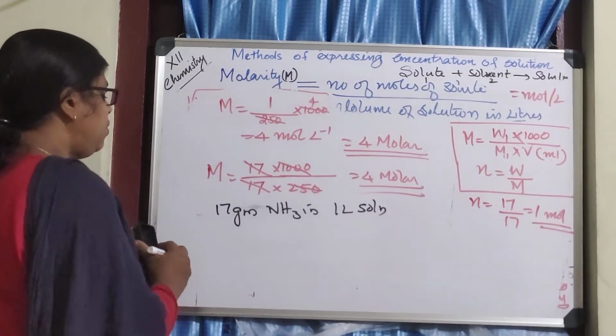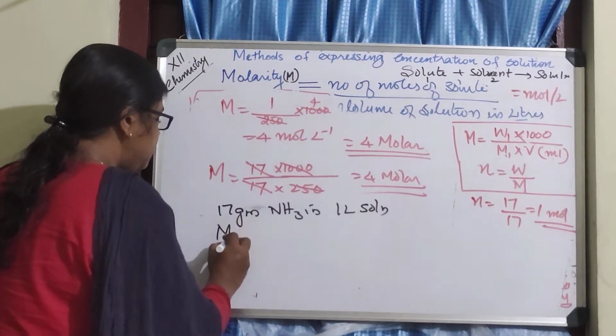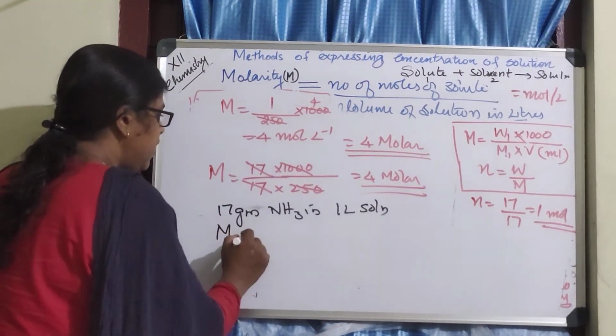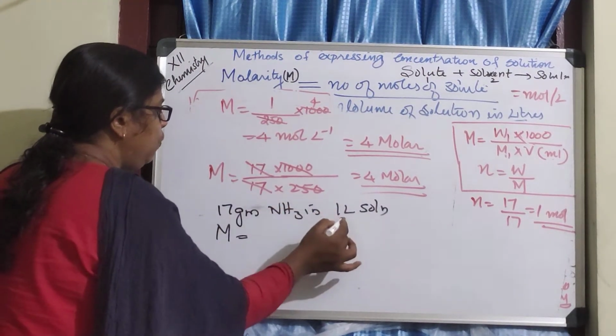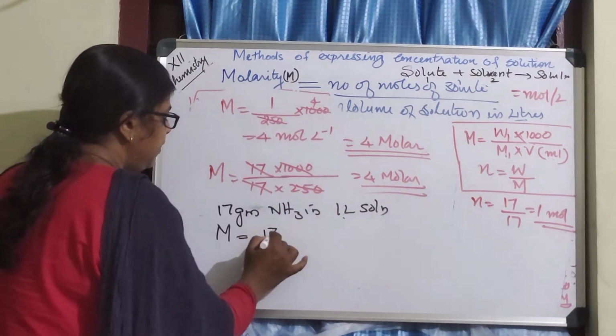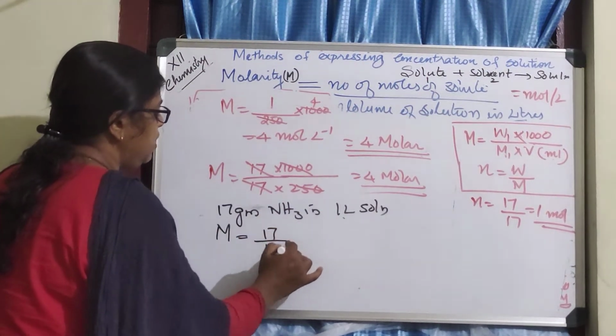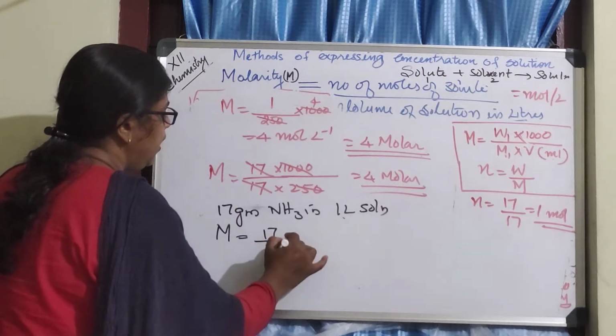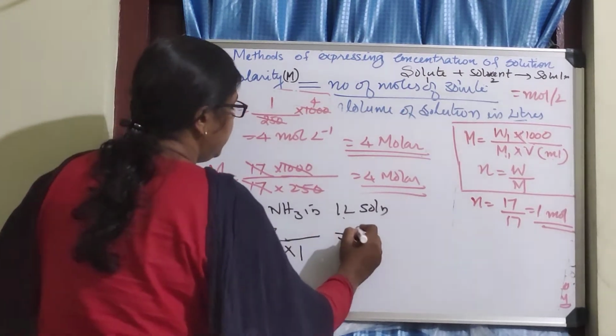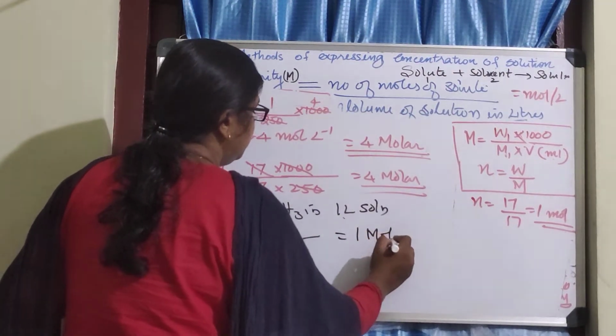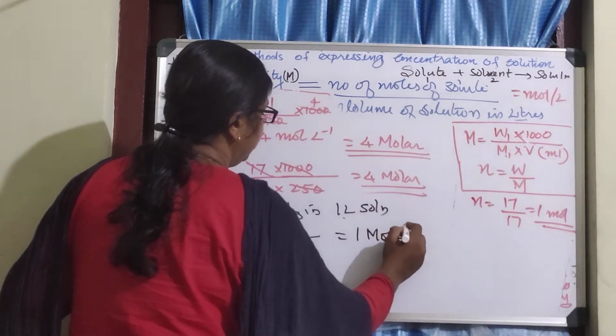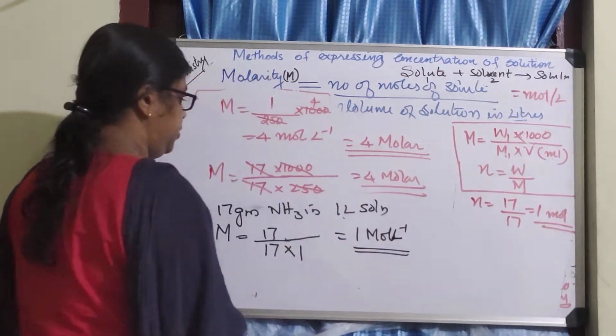So there what we have to do? So here also we can substitute the same thing. M is equal to, what changes is only the volume of the solution, 17 by 17 into 1 liter. That is, it's a 1 molar solution, 1 mole per liter or 1 molar solution.